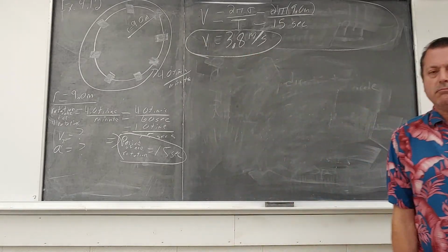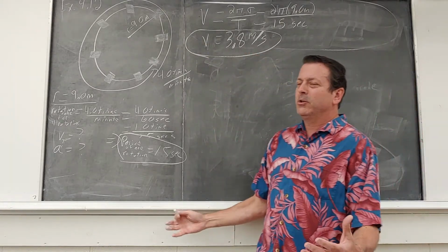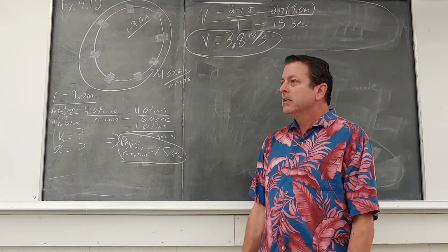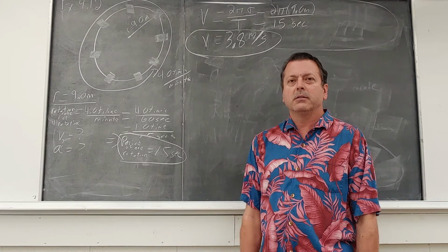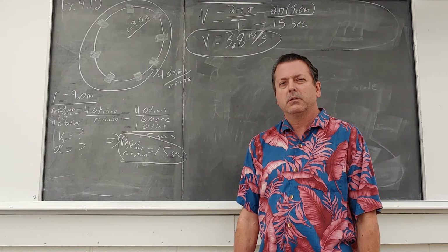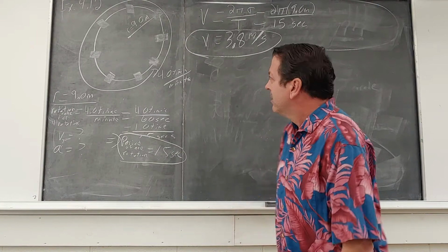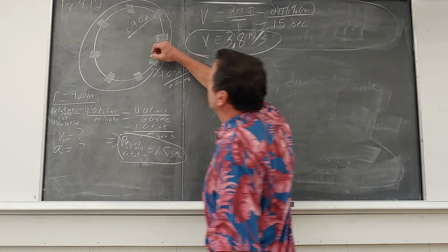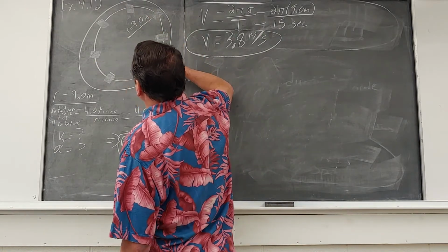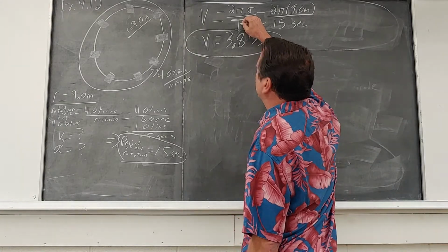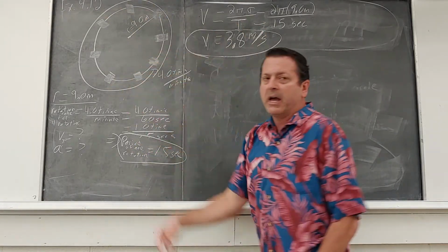Okay. Questions? You don't have any, because nobody's here. But I can pretend. Where did this come from? That's a circumference. I have to take all the way around as your distance because that period is all the way around in time.